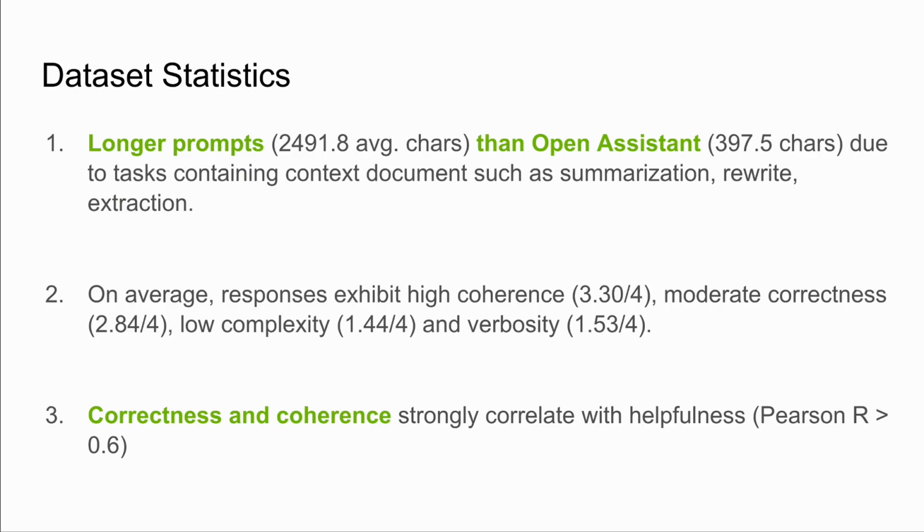We also found that responses were generally very coherent, moderate on correctness, but low on complexity and verbosity. And finally, in terms of overall helpfulness of the response, we found that answer correctness, meaning whether they're actually correct based on real world knowledge, and coherence, meaning logical coherence, strongly correlate with it.